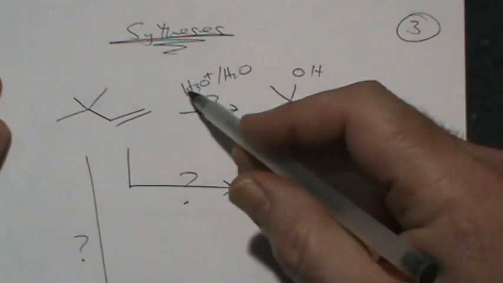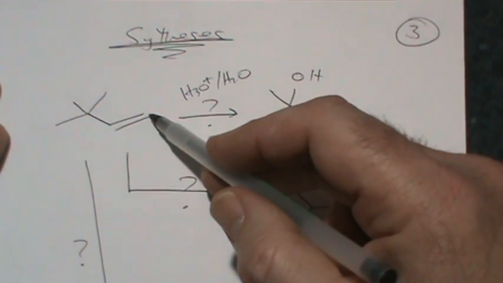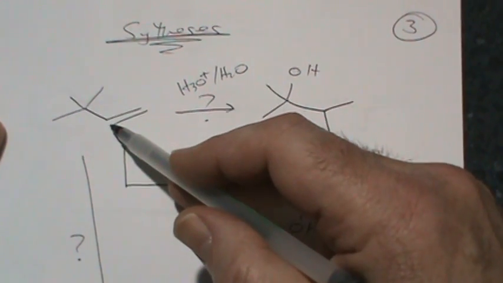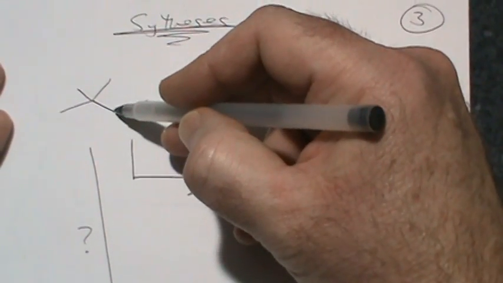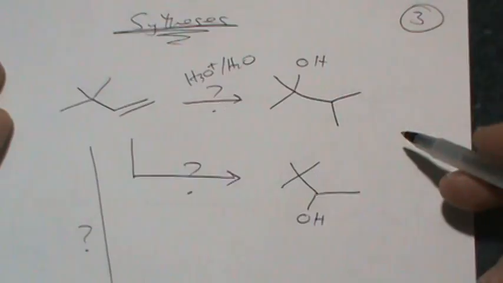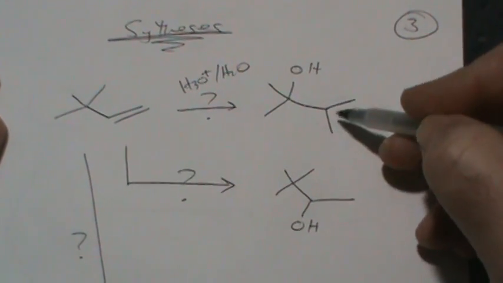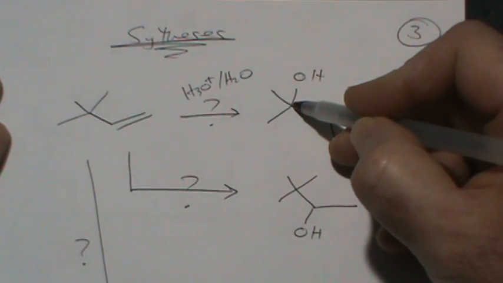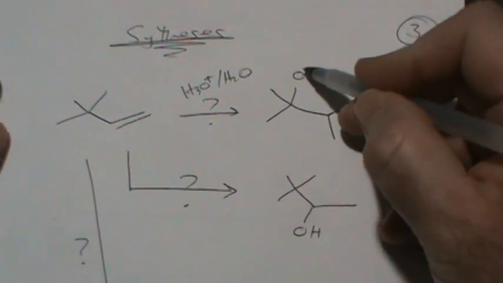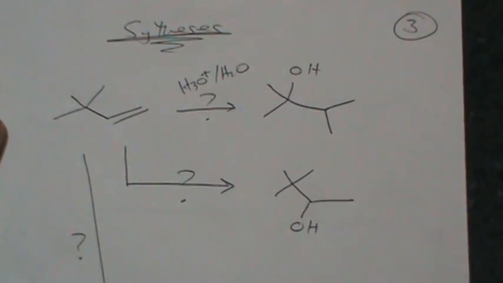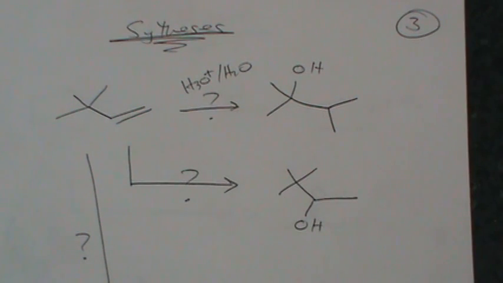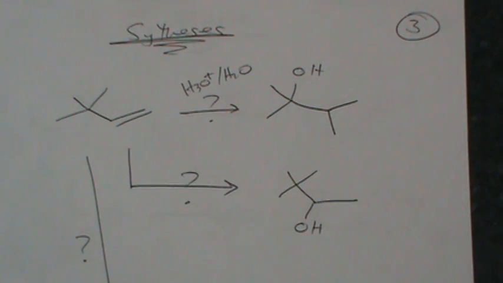This is an acid catalyzed hydration, protonate across the less substituted carbon to make a secondary carbocation. I would get a methide transfer to produce a tertiary carbocation. The methyl group has transferred over here. The tertiary carbocation was then attacked by water, and after you lose a proton, you make this alcohol. So that's a pretty easy synthesis as syntheses go, one-stepper.